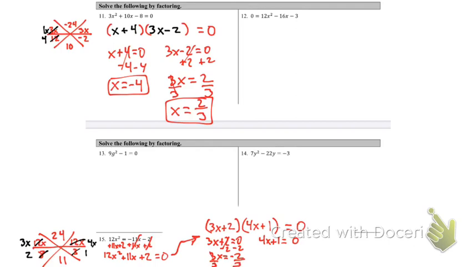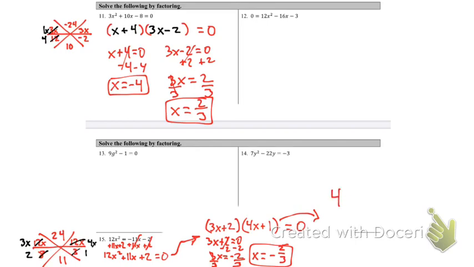So one of my answers, let's erase this for now. So this factor turns into x equals negative 2/3.